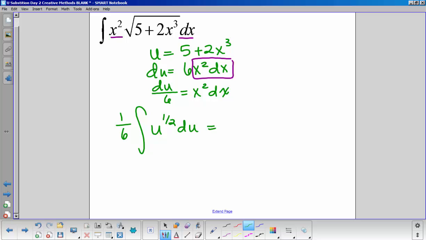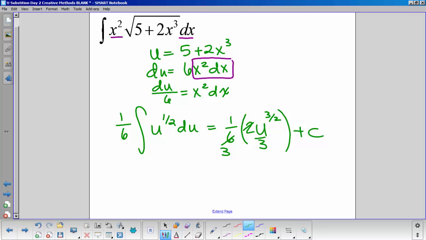So that's going to equal 1/6. We raise the power by 1, u to the 3/2, multiply by 2/3, plus the constant there. And we could reduce. 2 goes into 6 3 times, right? And so what is u? u is 5 plus 2x cubed.